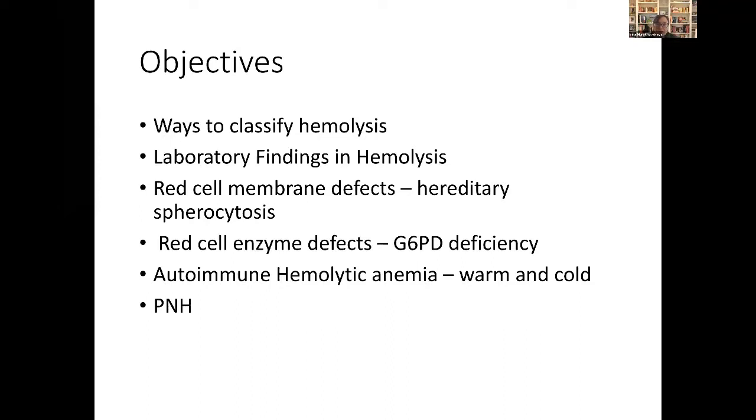We'll touch upon the most common red cell enzyme defect, which is G6PD deficiency. Then we'll discuss a little bit about autoimmune hemolytic anemia, both warm and cold, and then we'll talk about paroxysmal nocturnal hemoglobinuria. And if there's still time, which I don't think there will be, I can talk a little bit about thalassemias.